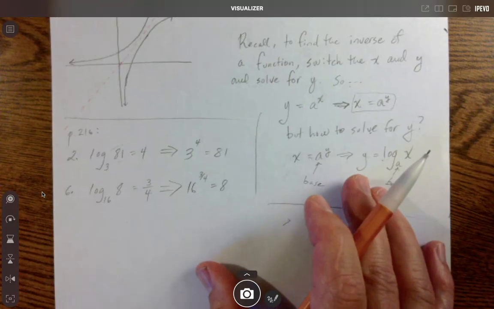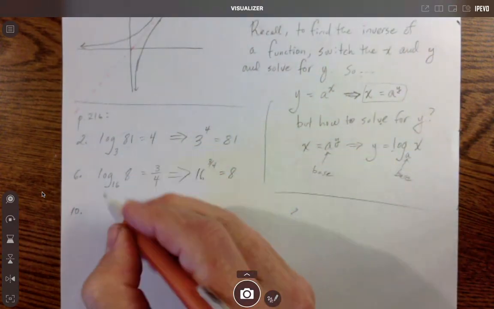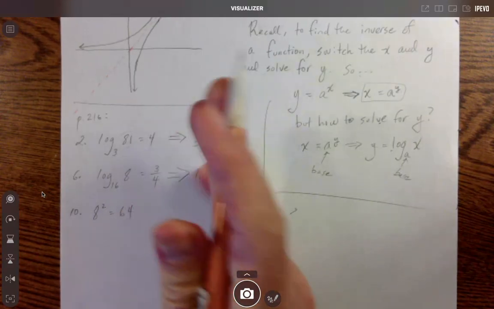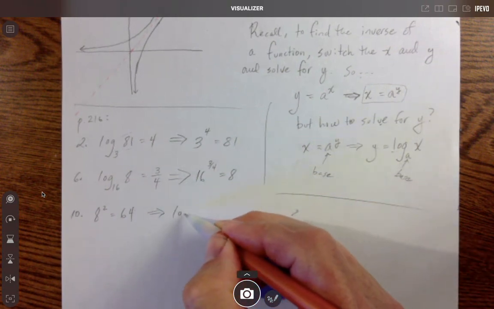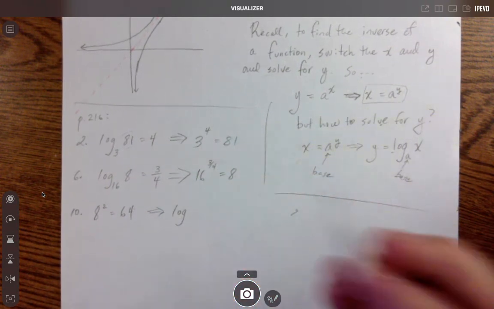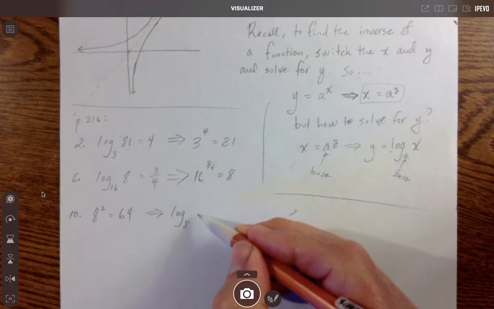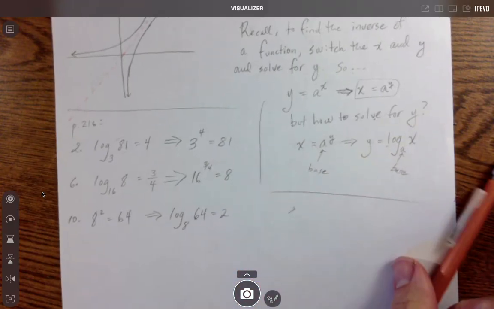Going the other way, I'll do problem 10. So now I'm given an exponential, 8 squared is 64, and we want to write that as a logarithmic function. So that'd be log base 8 of 64 is 2. Right?